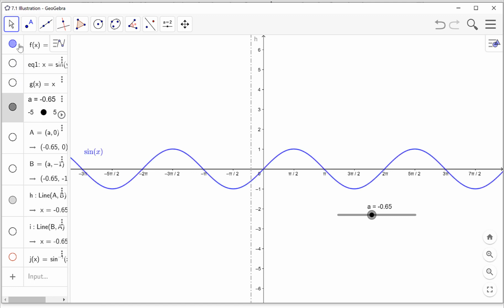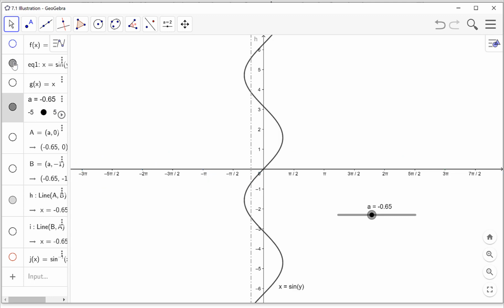This thing is a function of x. We like that. So what we do is we restrict its domain to negative pi over 2 to pi over 2. And then we only use that part. So here's the entire inverse for sine, not a function of x.